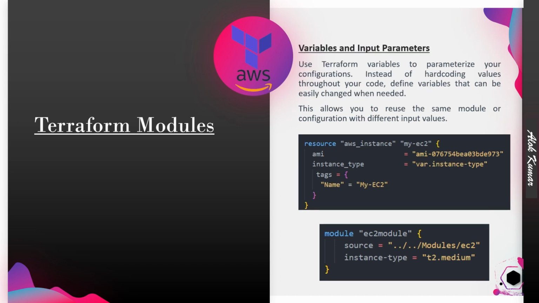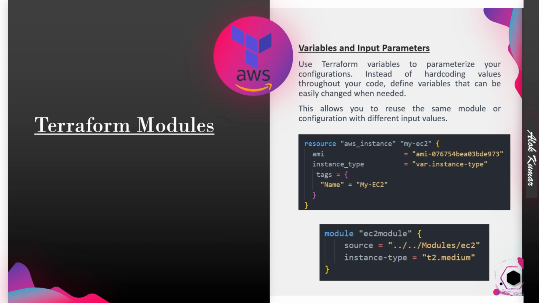Now, variables and input parameters. Use Terraform variables to parameterize your configurations. You can see that for the instance type we are using a variable now, var.instance_type. This is the part of the module where we keep the EC2 creation code in a module folder.